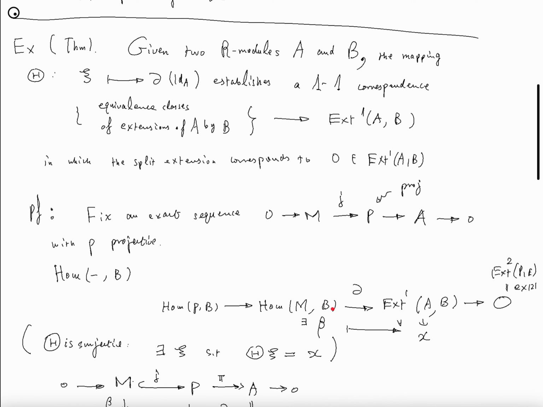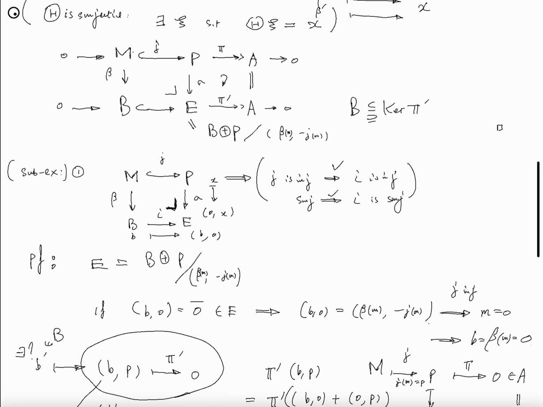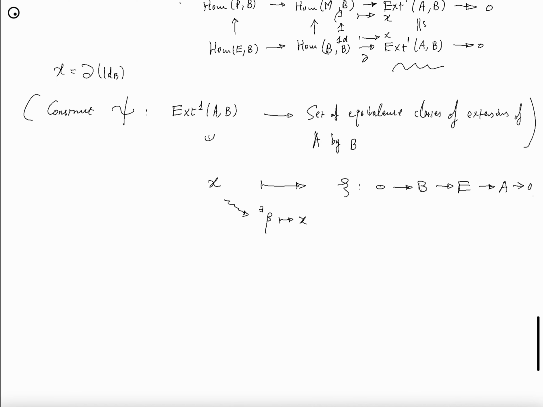So there could be, for example, beta prime mapped to the same element X. In that case, you would just follow the same procedure and construct some E prime. And basically, to show this is well defined, you have to show that there actually exists an isomorphism. This is what we are going to do. This is a little technical, so let's do that.